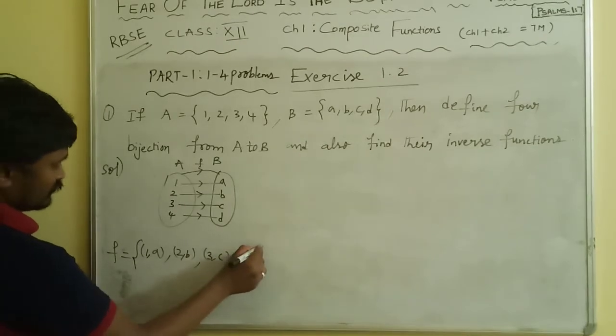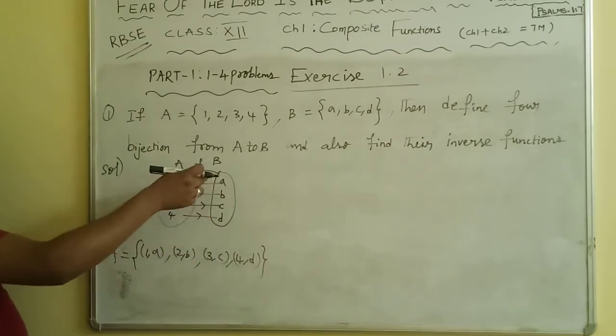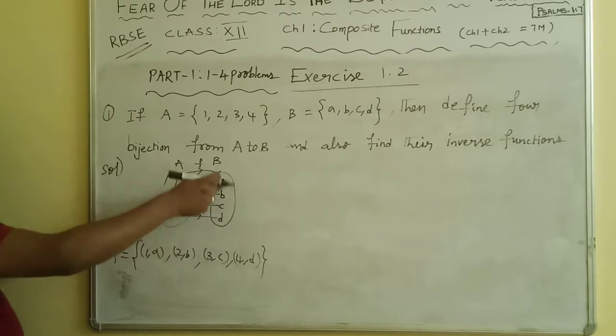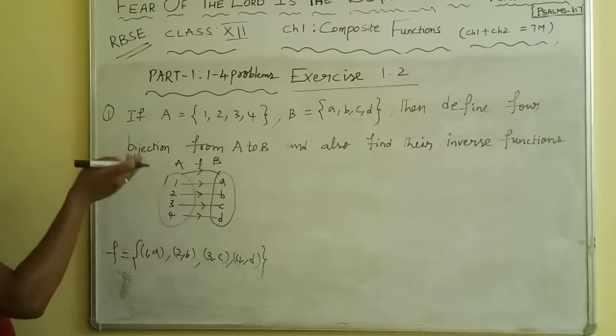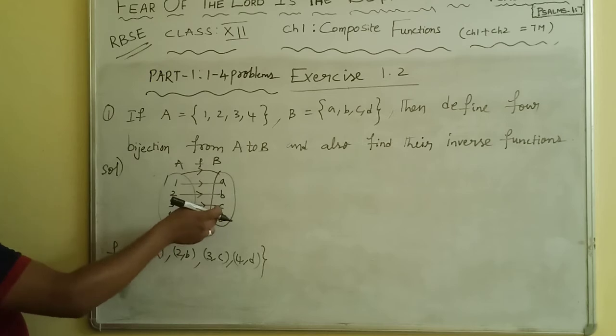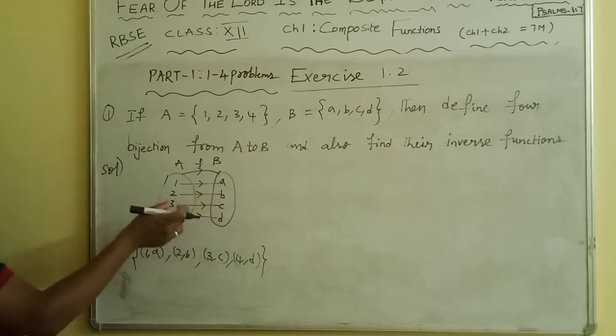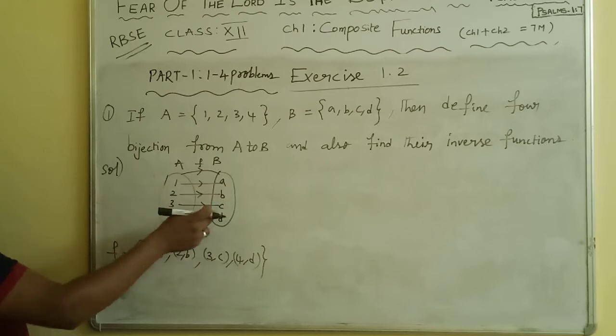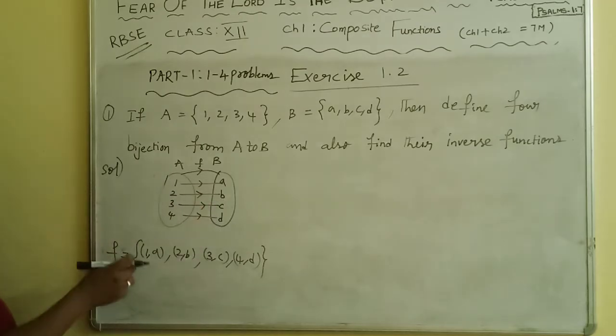Here clearly you are observing the domain and the range. The range is equal to the codomain, because of that reason it becomes an onto function, and 1 to 1 means each element has a unique relation. So that is F, and what is F inverse?